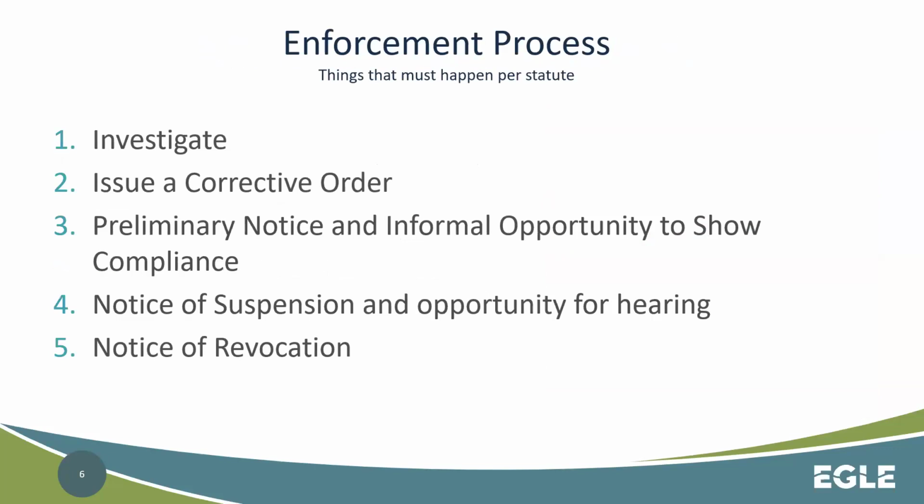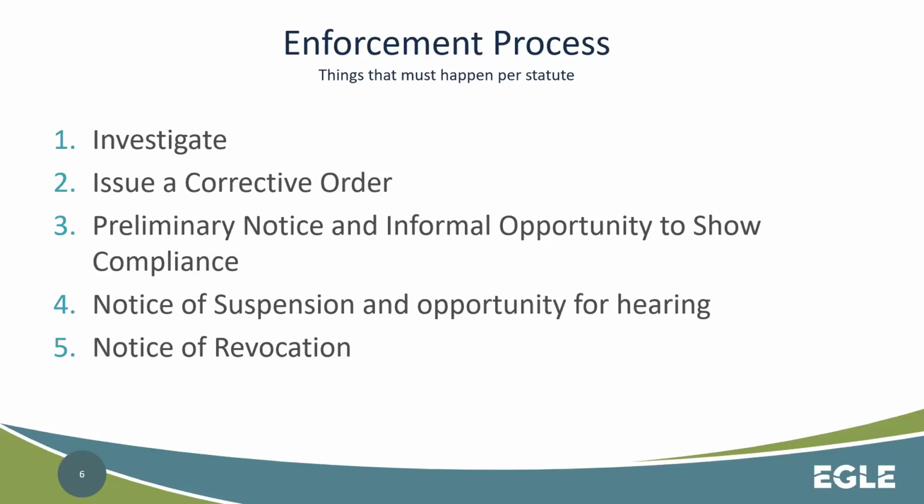Then notice of suspension and opportunity for a hearing, and then notice of revocation. So the investigation comes from MCL, which if you don't know, MCL is Michigan Compiled Laws, 333.12709, section 1. And the correction order comes from the same statute.